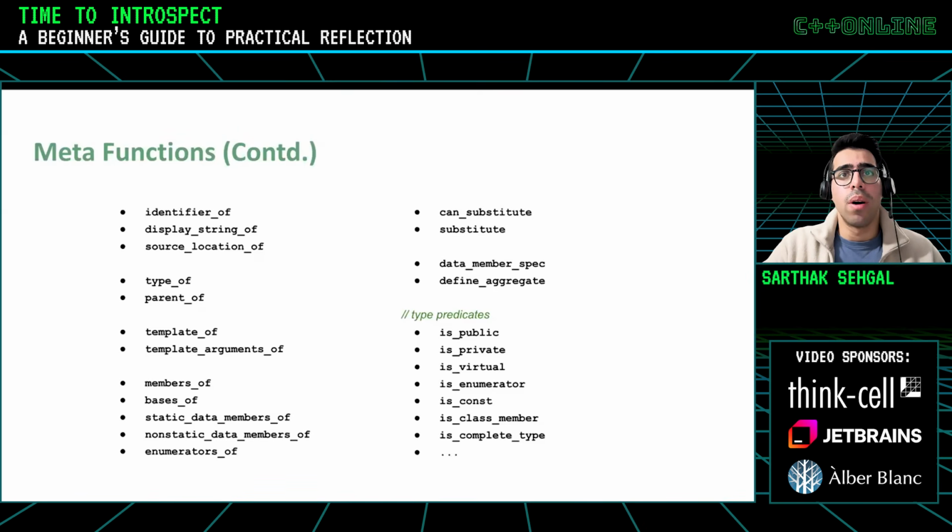Someone asked a question: does enumerators_of return the enumerators in the correct order? It would return them in the order that's defined. Though the correct order is a bit arguable.